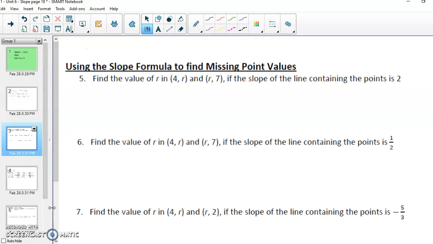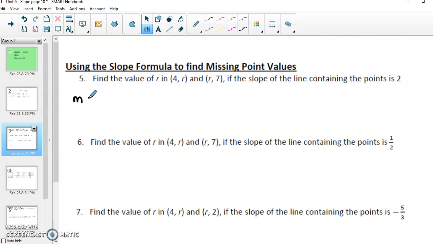There is a very specific problem here, and you're going to see this again on your test. Find the value of r in 4, r and r, 7 if the slope of the line containing the points is 2.